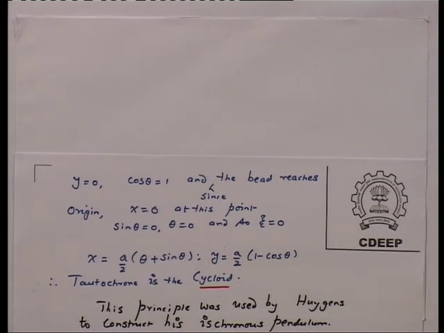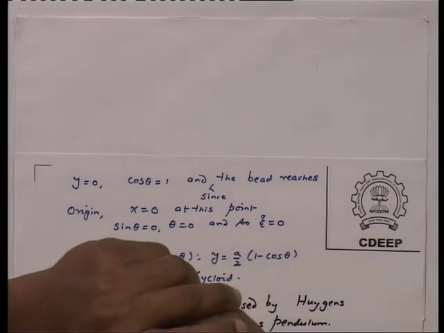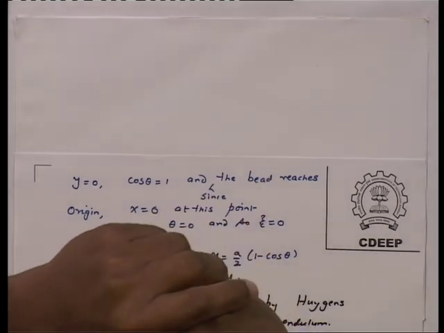When you take the simple pendulum, the period depends upon the amplitude, it is not independent of the amplitude. Only for small oscillations is it independent of the amplitude. So, if we allow the amplitude to be huge, it will not be independent.